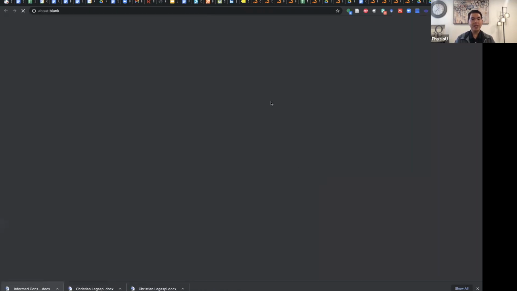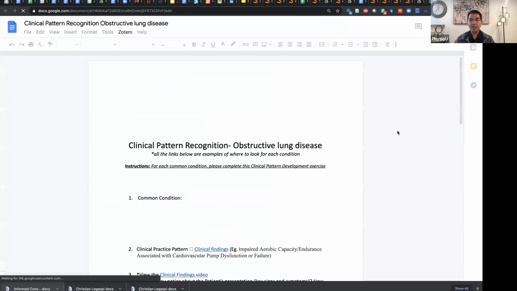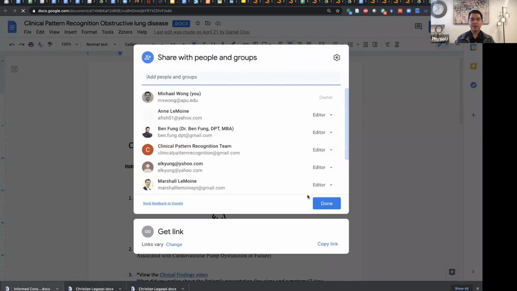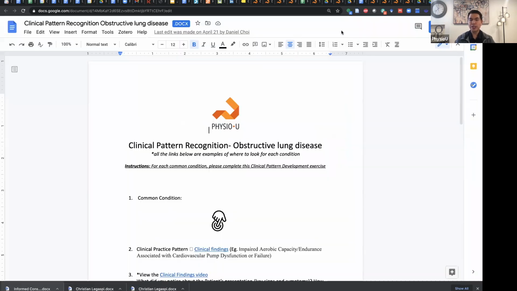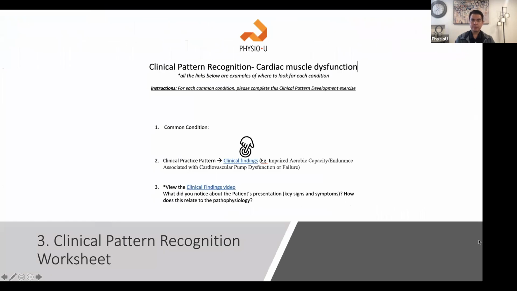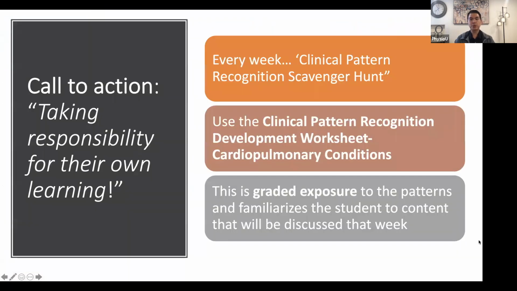So again, these can be hyperlinked. You can basically grab the link, copy the link, and drop that right into your LMS. The students just know during this week, I need to work on this worksheet, and I'm going to learn about this patient's problem. Okay, so that's that. That's the clinical pattern recognition worksheet.